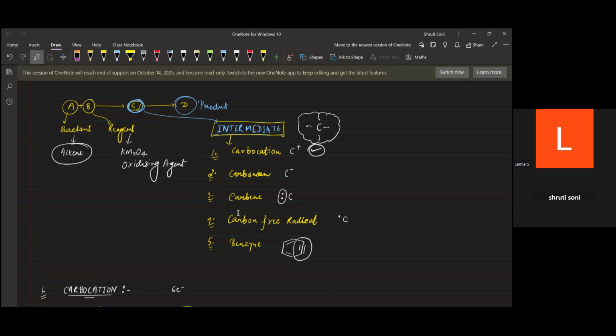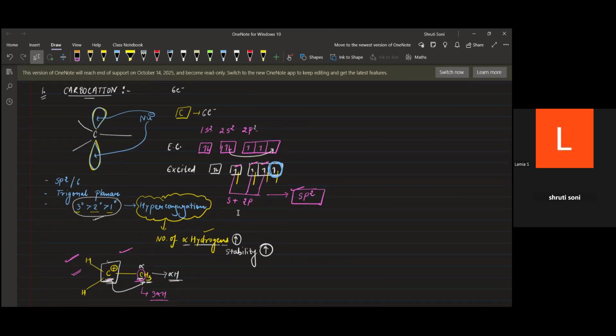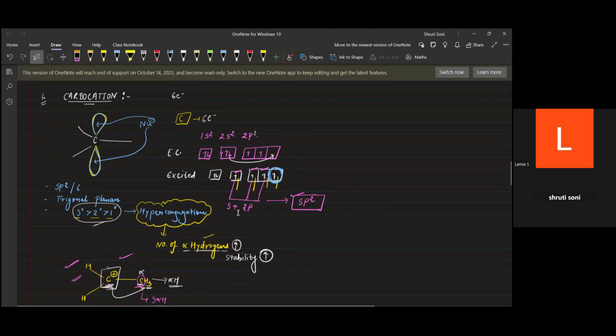You can move down to the next portion. Can you reveal the title? Carbocation. Okay, you can keep going down now.